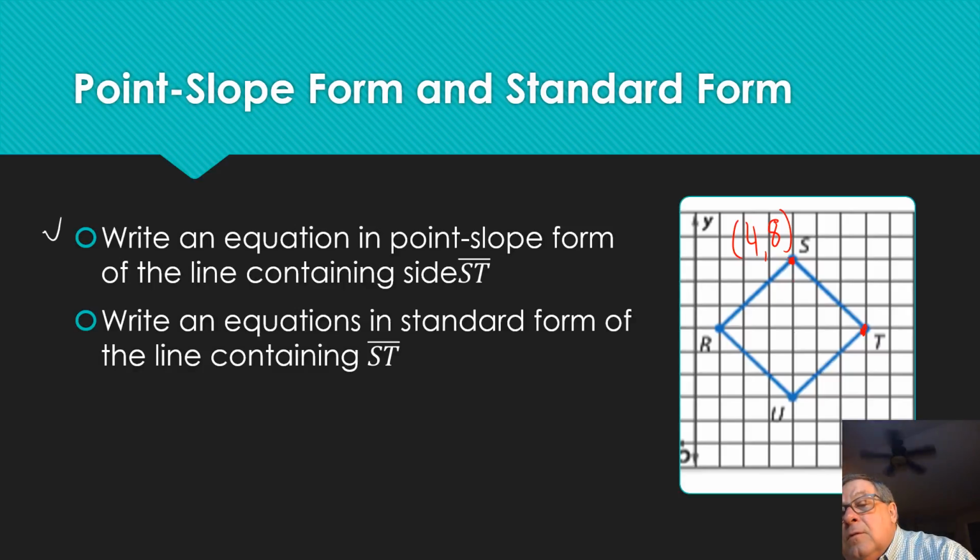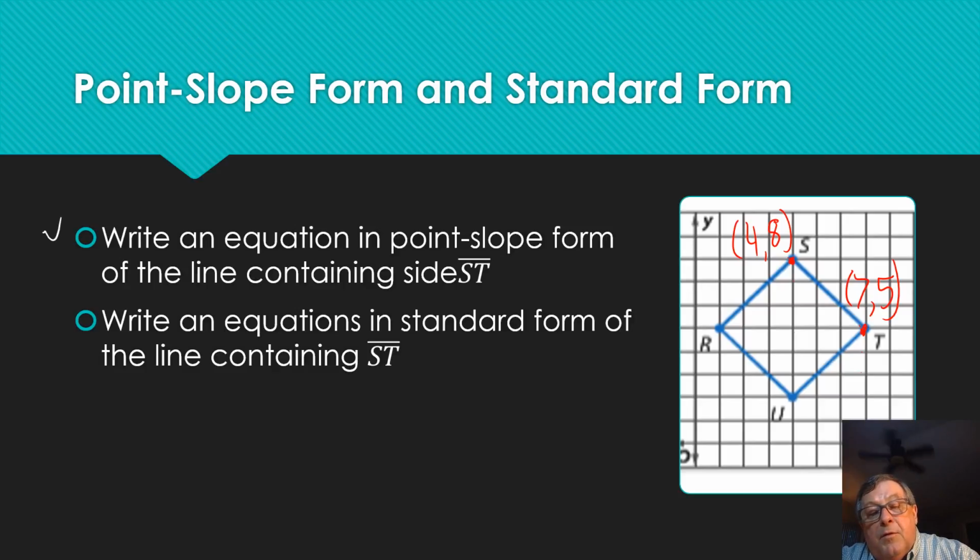When x is 7, y is 1, 2, 3, 4, 5. Okay, so we've determined the coordinates of the endpoints S and T.